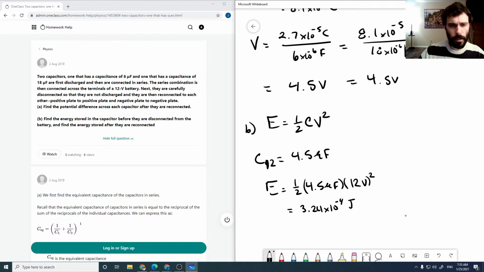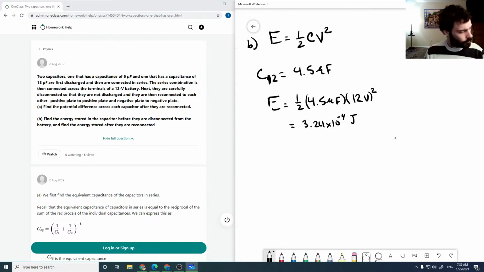And then after we reconnect them, we now have two separate capacitors in parallel. So it would just be C total is C1 plus C2, which is 24 microfarads.